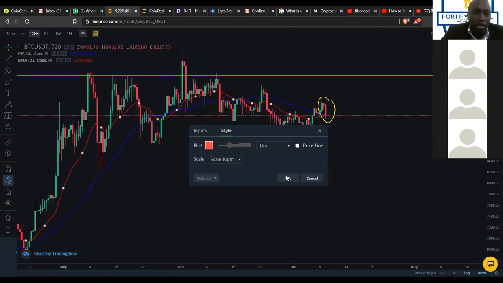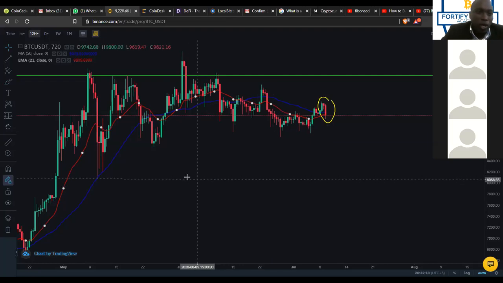Yes, red would work, or any other, but red looks okay. So red is the 21 EMA, and blue is the 50 simple moving average.